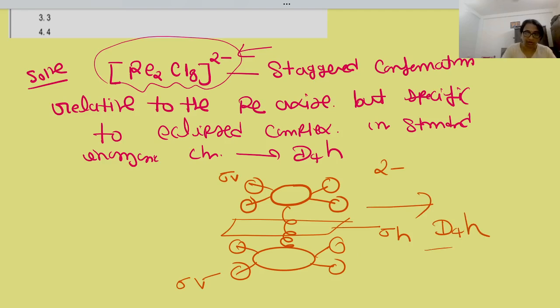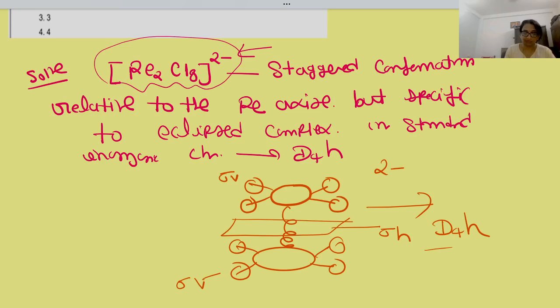The point group is D4h, because of the eclipsed geometry. For the formation of the delta bond, the dxy orbitals of rhenium are arranged in face-to-face overlapping, but for the formation of the bonding it should be eclipsed.